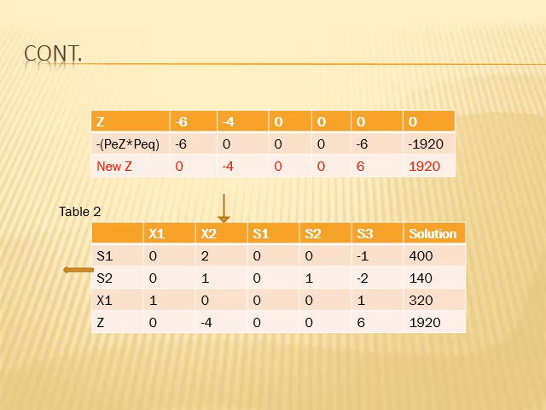Now let's repeat the same steps in order to determine the new entering variable and the new exiting variable. Using the same tools, now x2 is the entering variable and S1 will get out, is the exiting variable.